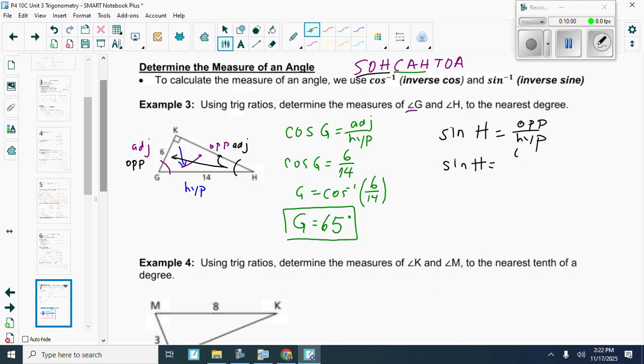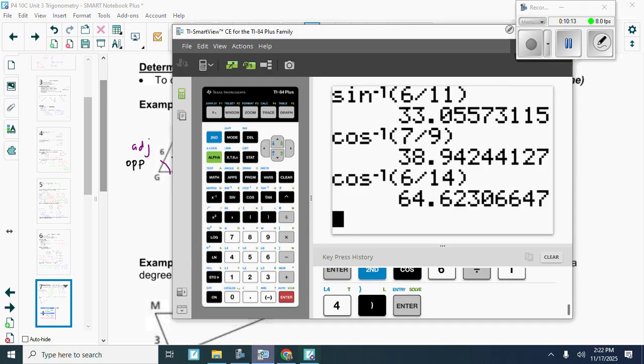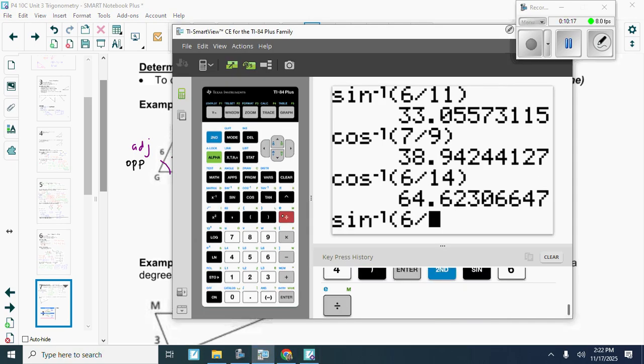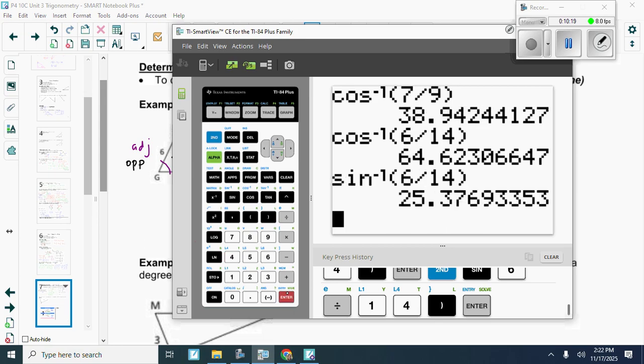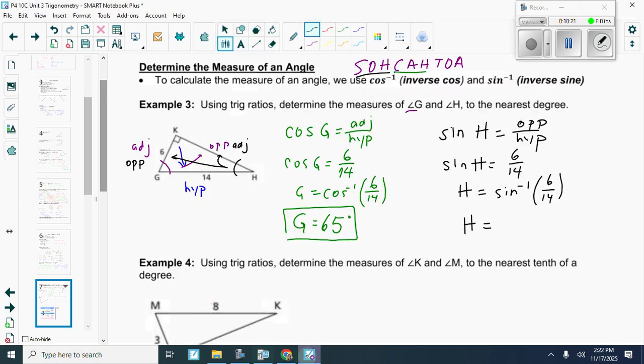Opposite was 6 over 14. So H equals inverse sine of 6 over 14. Head over to my calculator. Inverse sine, 6 divided by 14. Okay, that gets me 25.